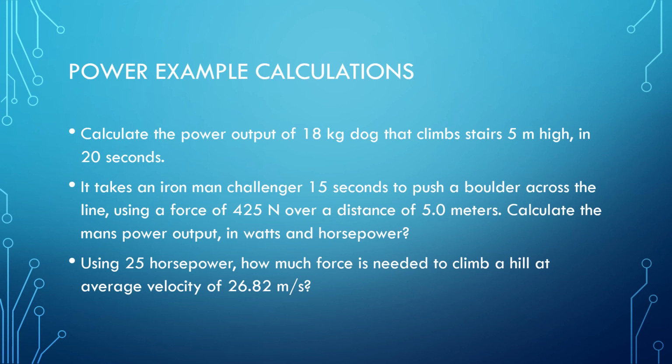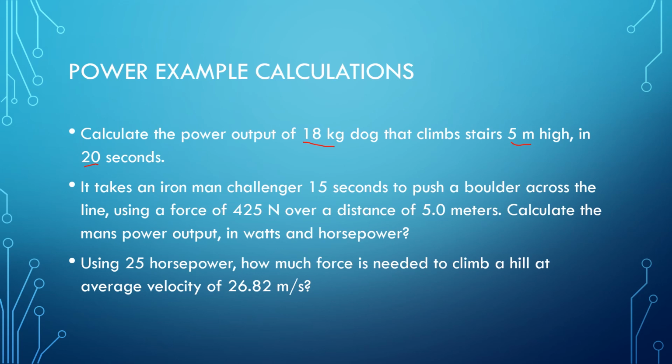Since there are several different equations for power, you're going to have to use clues in the word problems to figure out which equation is going to apply. For this first one, calculate the power of an 18-kilogram dog that climbs stairs 5 meters high in 20 seconds. So we have mass, we have a height or a distance, and a time.